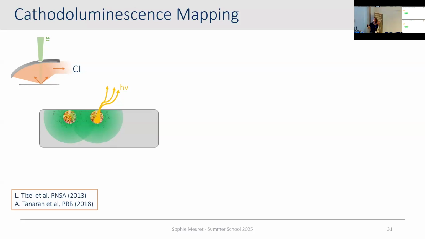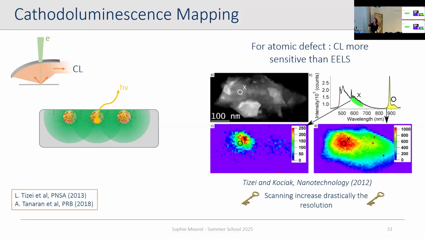And if you put your electron just above it, then of course there are more carriers coming to this center of emission, and therefore you will have higher intensity. And as you go away, it's the same, you have less emission. So if you map, you're able to get a much higher resolution than you would get with a single electron.